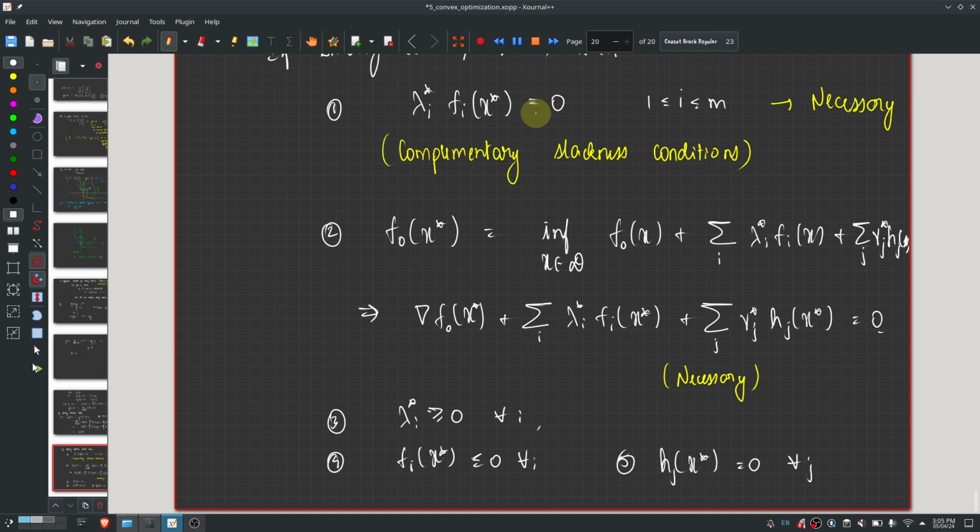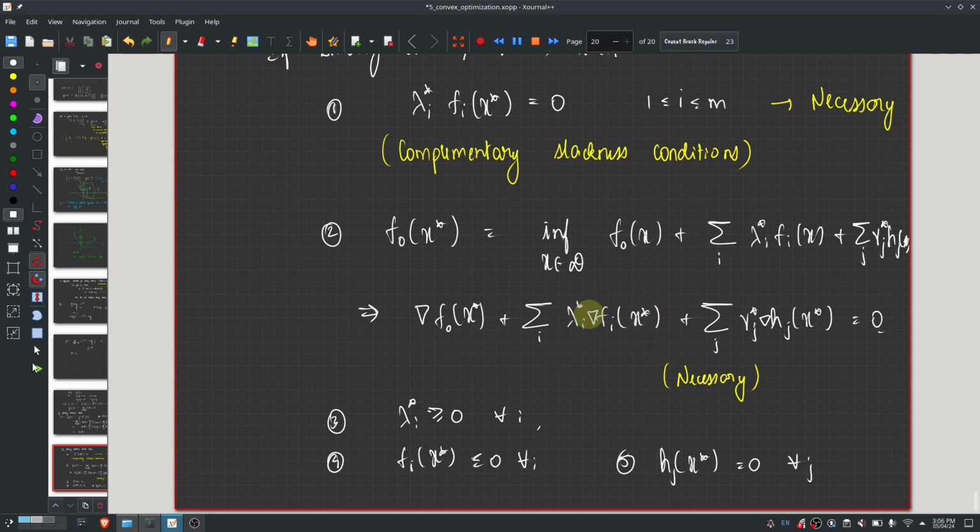Because in many cases it may so happen that, I don't have a good example right off the bat, but there are conditions wherein you will need lambda I to be non-zero, but fi of x star should be equal to 0. And you can see that one of the reasons where this comes up is that this condition should be satisfied. Right here, all of this is with respect to the gradients.